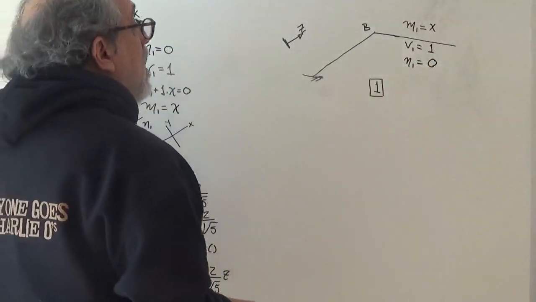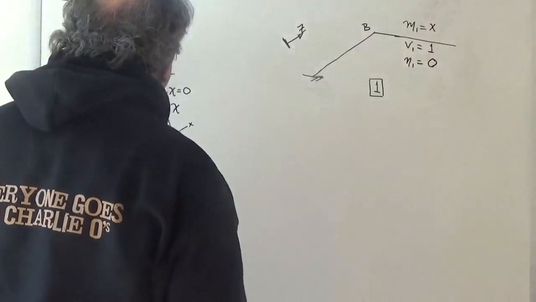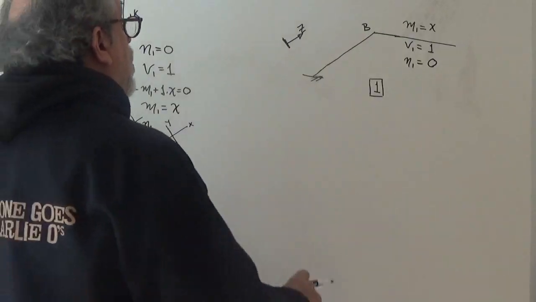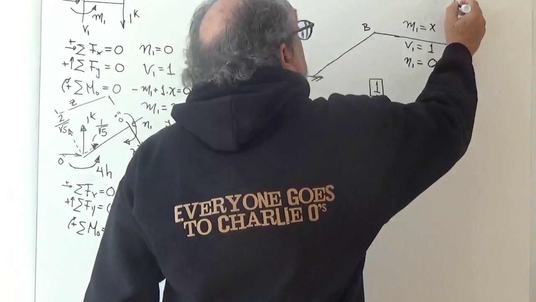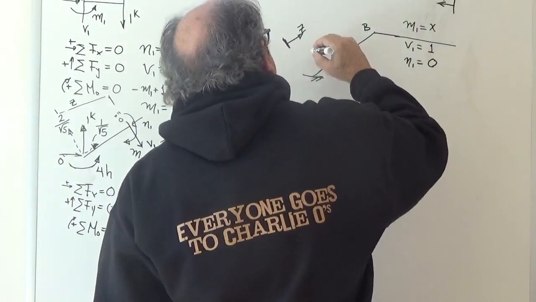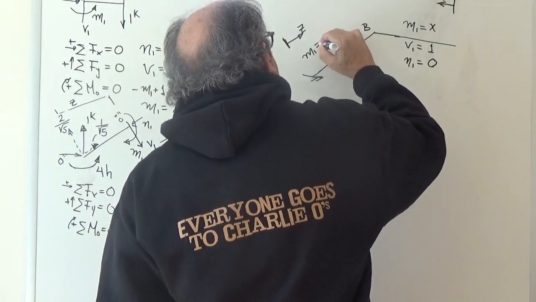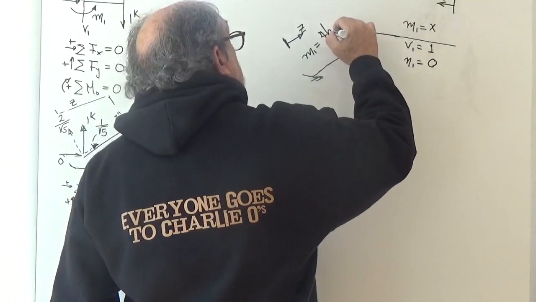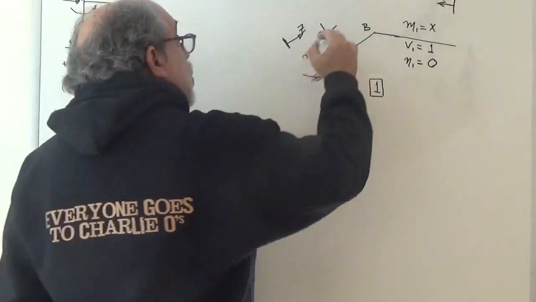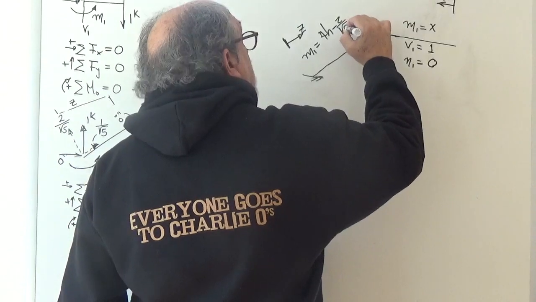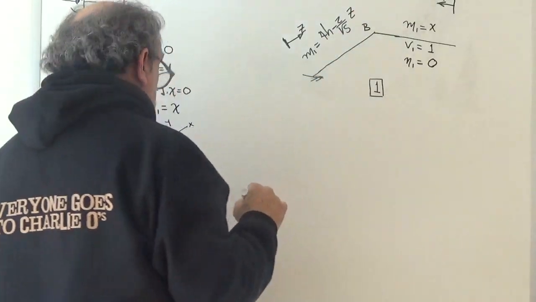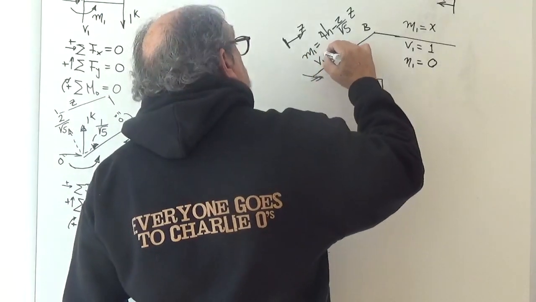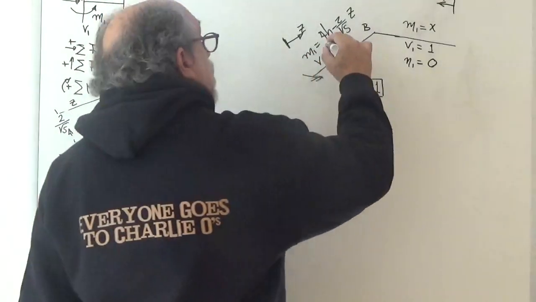And then on this bar we had M1 is equal to 4H minus 2 over square root of 5 Z. We have V1 equals 2 over square root of 5.